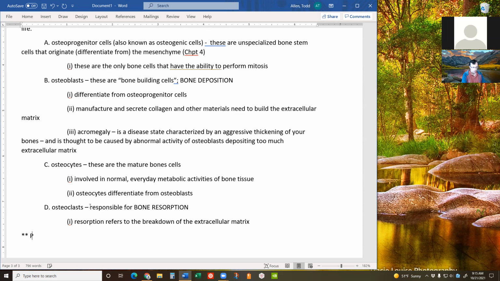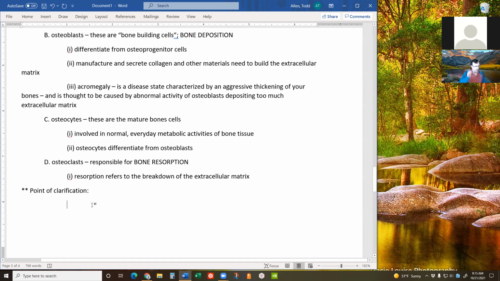So let's do another point of clarification. The reason I do this, folks, is because I've seen many students over many years of time get topics confused. So bone deposition, we build extracellular matrix.